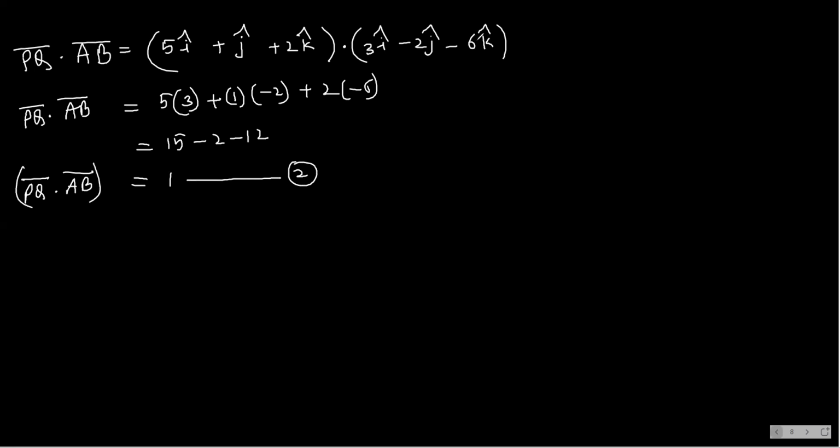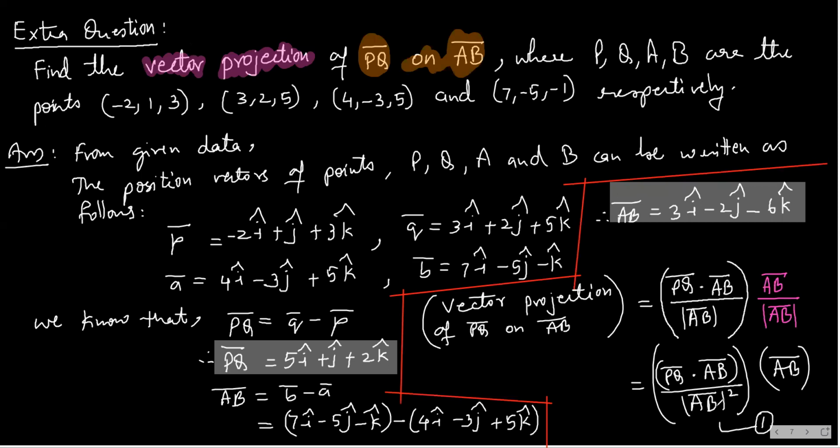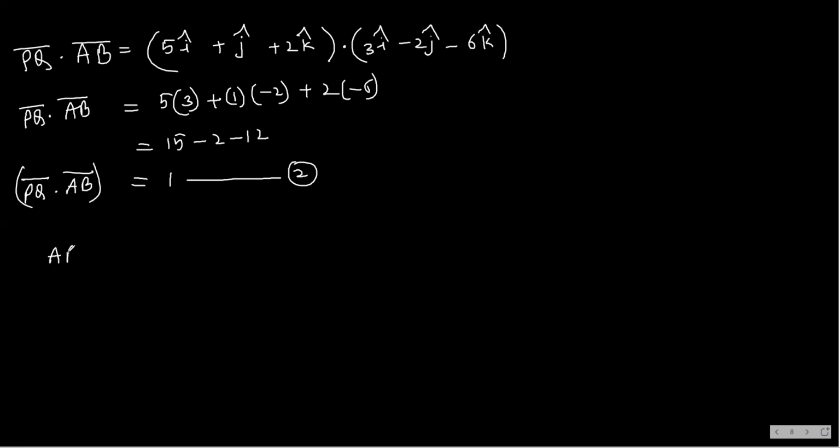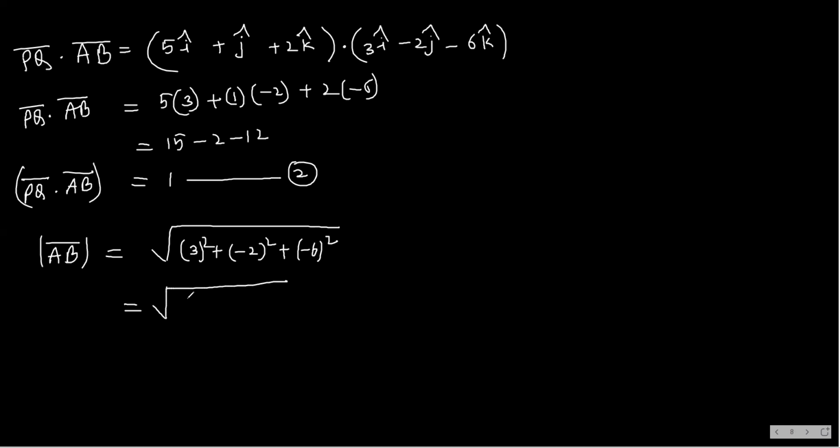Next, I have to go for mod AB bar and then square. Mod AB bar will be square root of 3 square plus minus 2 square plus minus 6 square, that is 9 plus 4 plus 36, that is root of 49, which is equal to 7.